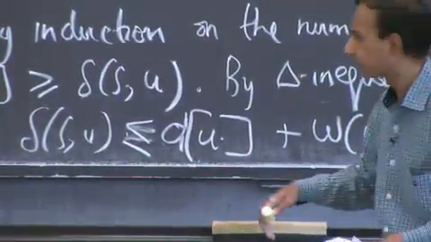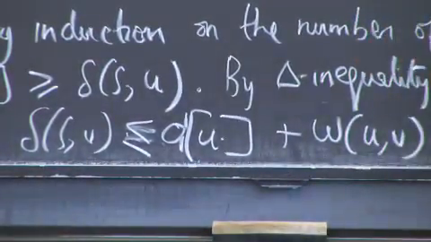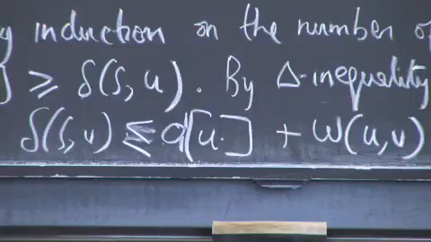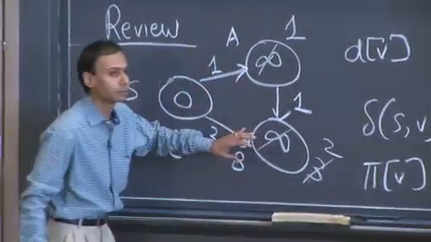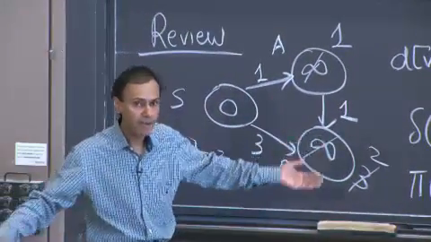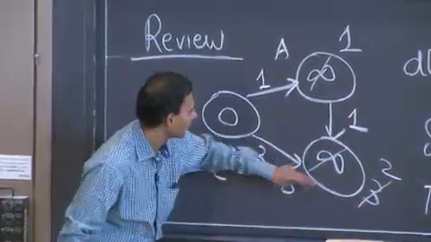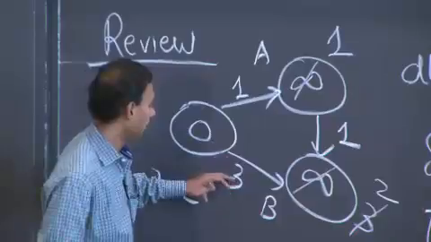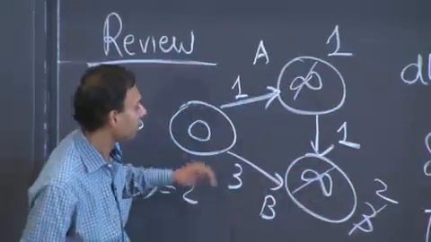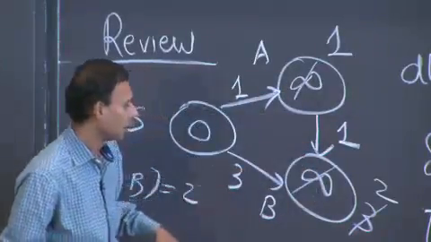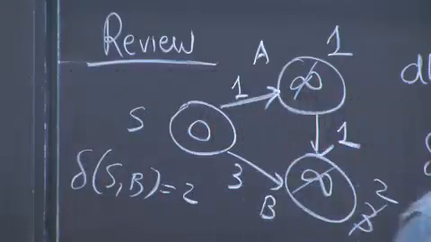And you know that w(u,v), which is a direct, single edge way of getting to a node, has to be greater than the shortest path. Like here, this 3 value is a direct way of getting from S to B. And in this case, it's greater than the shortest path, which is of length 2. But it can never be smaller than the shortest path.